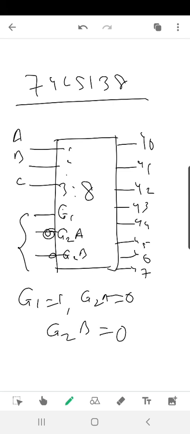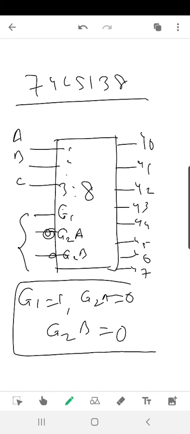G2A is active low, so it should be low. G2B is active low, so it should also be low. This is the only possible combination of G1, G2A and G2B at which this decoder IC will work. With any other combination at pins 4, 5, 6, this decoder IC will not work.